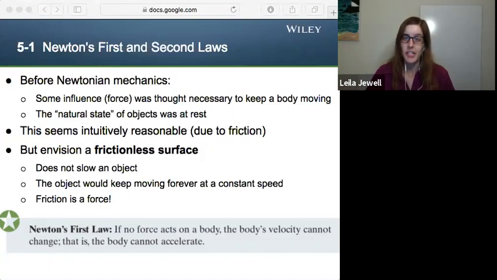That is, the body cannot accelerate. So if it's at rest and there's no force acting on it, it's not going to accelerate. If we have a force acting on it, it can start to move. That's an acceleration, but it can also stop. That's a force of friction acting on it to cause it to accelerate or decelerate to slow down to a stop.